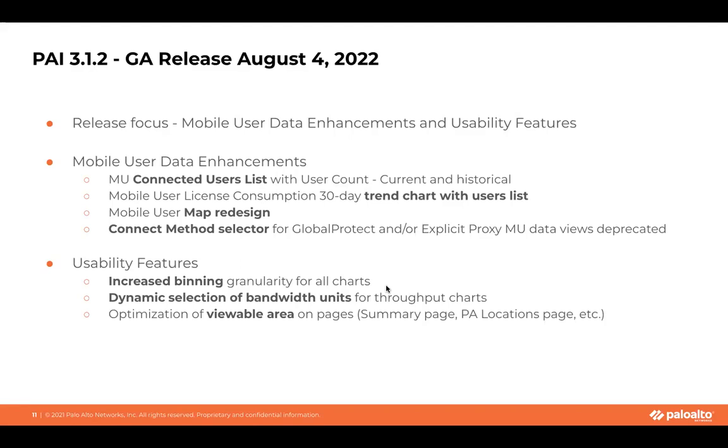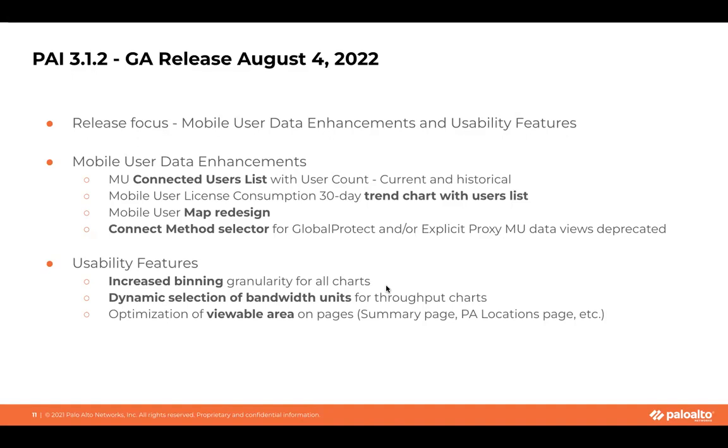We have gone ahead and fixed that and changed the type of charts we display. So now you have a much better visual representation in the pages, and we are doing a lot more of the viewable area optimization. So all of these encompass the mobile user data enhancements as well as the usability features.